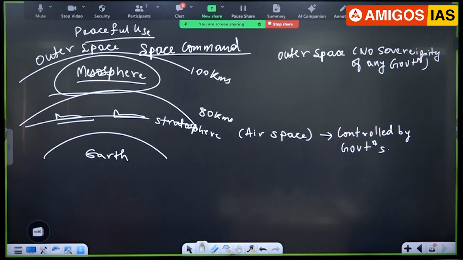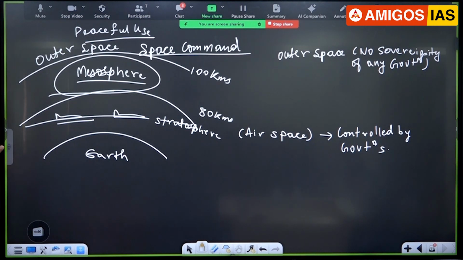This is what China has smartly done, developed a space command in the mesosphere where there is no international law, or there will be no control over China by any UN body or any kind of agency. Cannot control. Now this is a risky zone because China can do anything from the mesosphere.